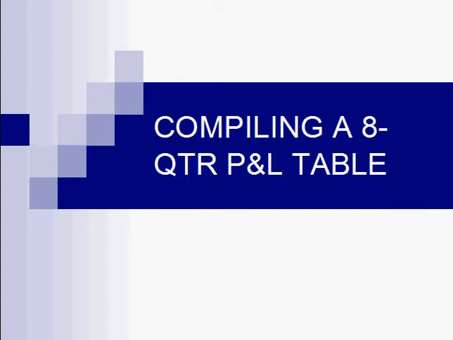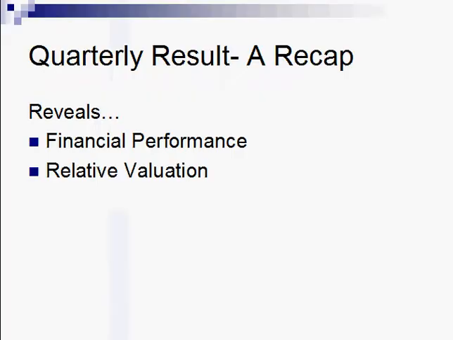Now in the first video we examined how to look at quarterly results in order to gain an insight into a stock in two areas, that is to look at the financial performance of the company behind the stock, as well as to get an idea about its relative valuations, whether the stock is expensive or cheap, right?